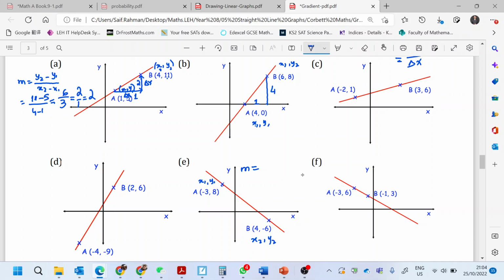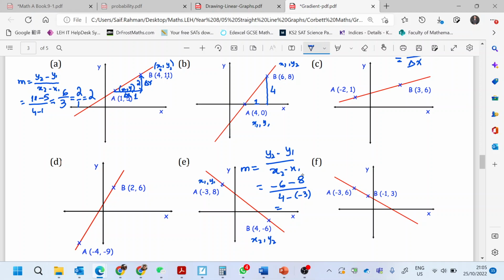It should be y2 minus y1 over x2 minus x1. So y2 is minus 6 and y1 is 8, over x2 which is 4 minus the inside minus 3.